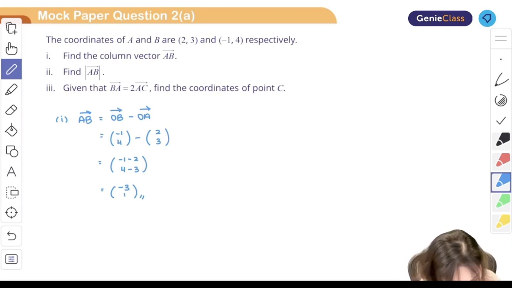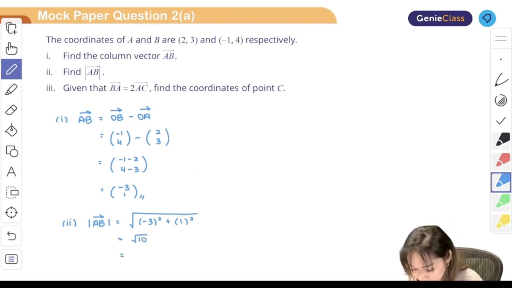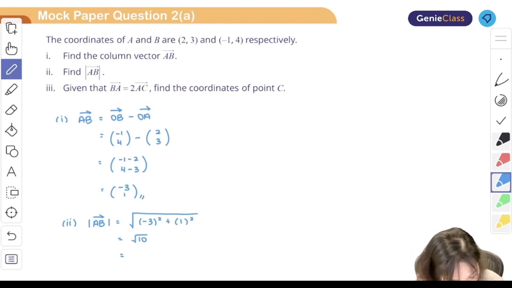Now part 2, find the magnitude of vector AB. So magnitude is just our Pythagoras theorem, right? So we take the square root of -3 squared plus 1 squared, which should give you square root 10, which is equal to, not a nice number, 3.16227, five decimal places.